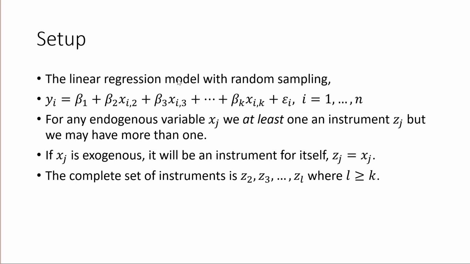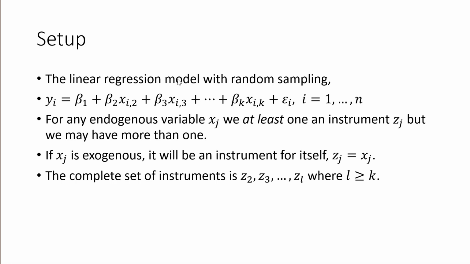I only have k minus 1 explanatory variables, so the case now is that l is greater than or equal to k. If l is equal to k, that is, if I have precisely one instrument for every explanatory variable, then we will do the instrumental variable estimator as before.